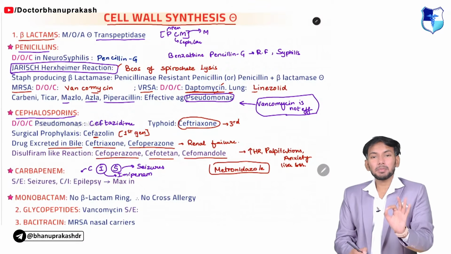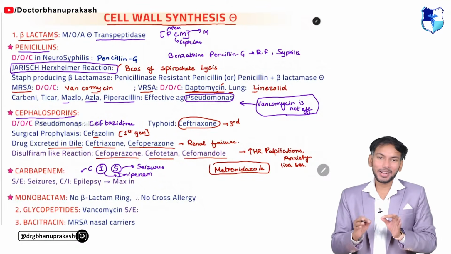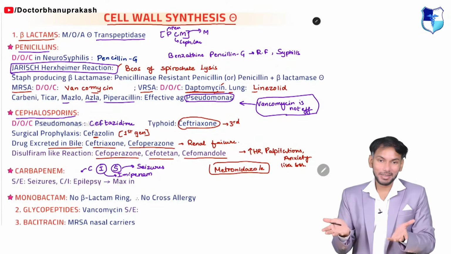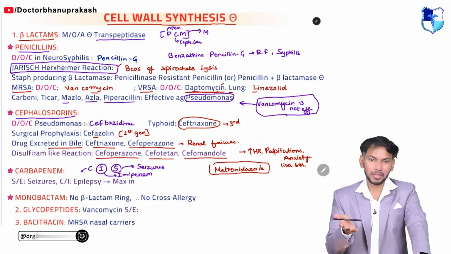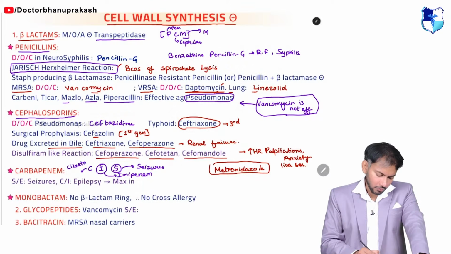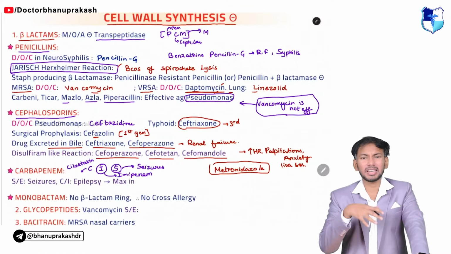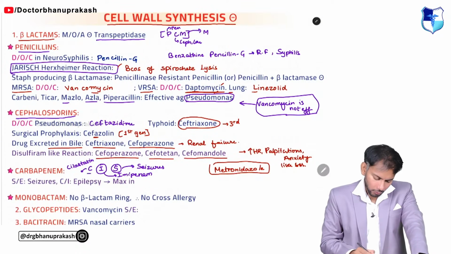Now, imipenem is metabolized by renal DHP, that means renal dehydropeptidase. This will inactivate imipenem. If you want to block renal DHP, which drug would you give? You will give cilastatin. Why? Because cilastatin will block the renal DHP and it will increase the effect of imipenem. That's all. So, this is what I want you to remember.